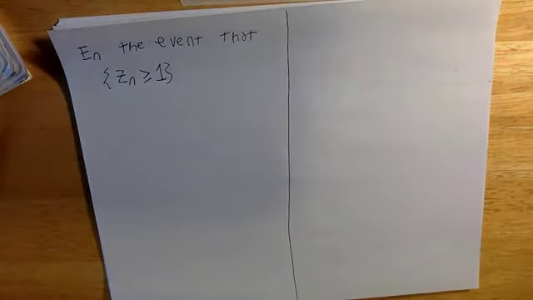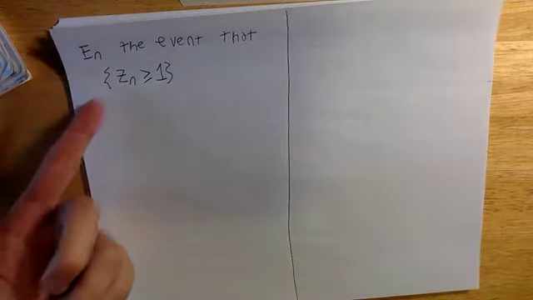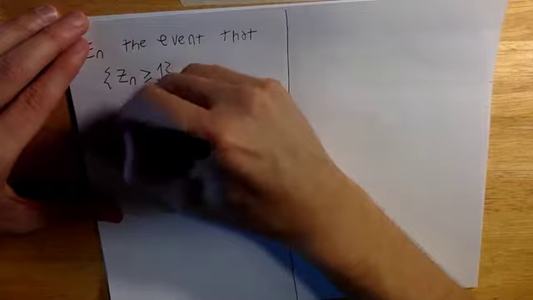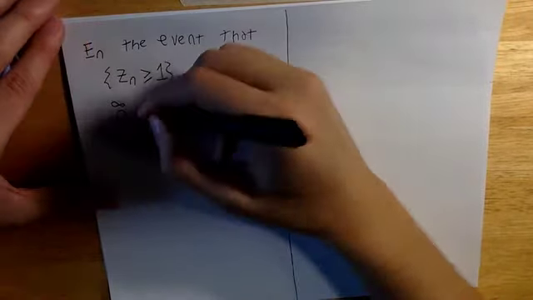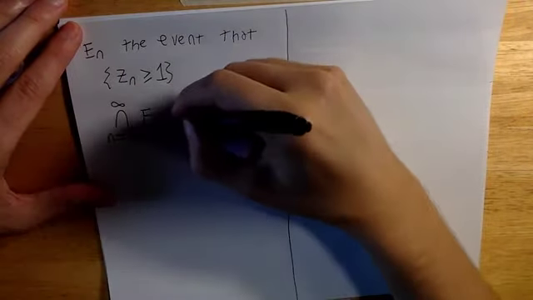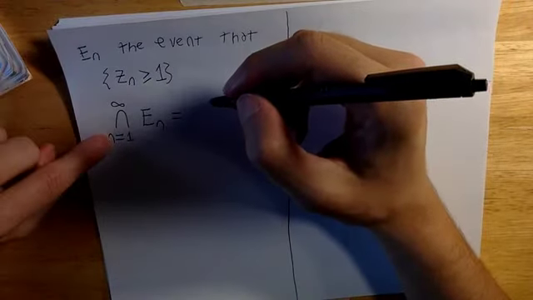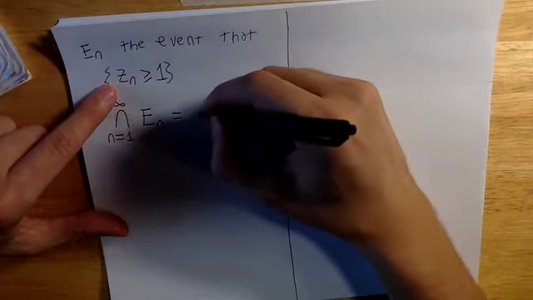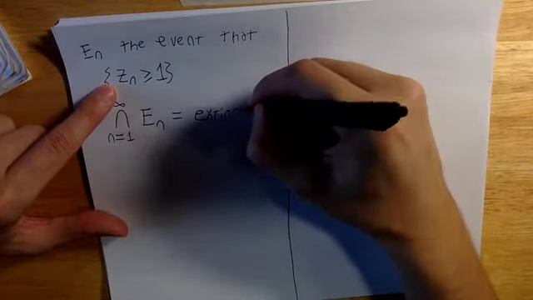So the intersection over all n from n equals 1 up to infinity of En is the complement of extinction.